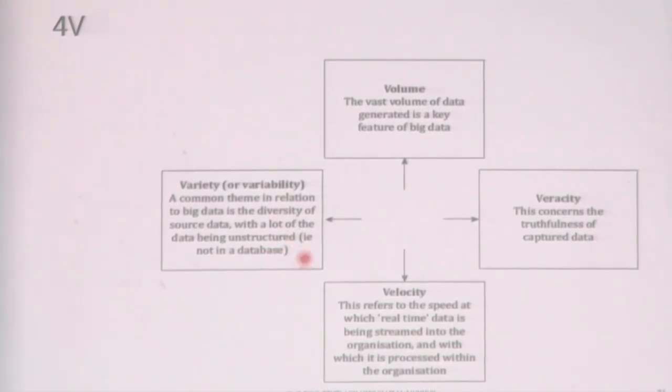Some data is called structured. Your purchase database is a structured database, but Facebook details and WhatsApp messages are unstructured data. So, when we deal with big data, we have to look at its large volume, the variety of data, and velocity, which is how fast the data comes in. It is the speed at which real-time data is streamed into the organization and how quickly it has to be processed, how many transactions take place, the speed at which it takes place.